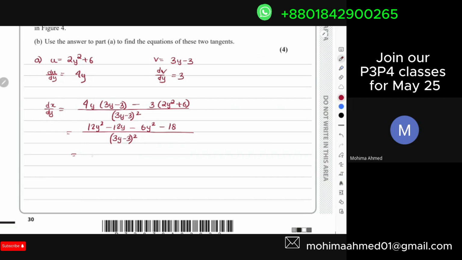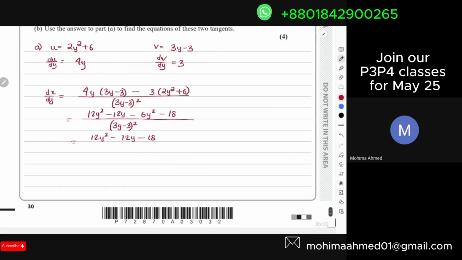So we are going to write your answer as 12y square minus 12y minus 18. And then after this, this is going to be 6, right? 12 minus 6 is 6. And in the denominator, we have 3y minus 3 whole square. So if I take 3 as a common factor, 3 times 3y minus 1, and everything over here was a power of 2.